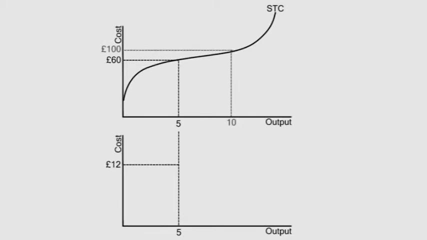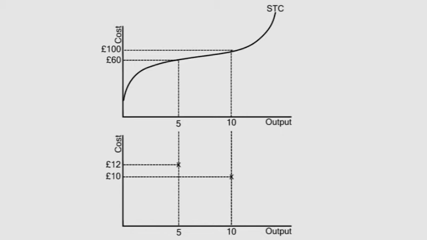At 10 units of output, total costs are £100. So on average, if we divide £100 by 10 units of output, then average costs are £10 a unit, and so on. Now, actually, what would be nice would be to see how we can easily get the relationship between output and average cost without spending hours on the arithmetic.